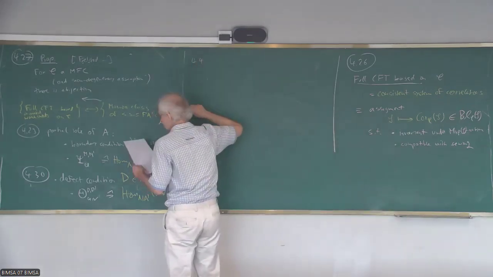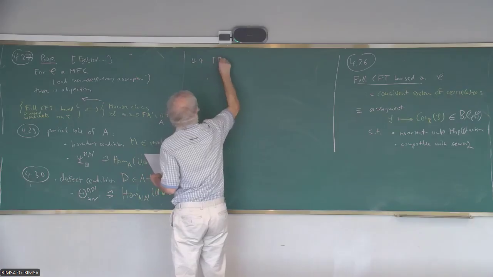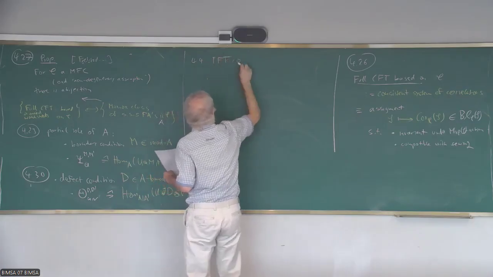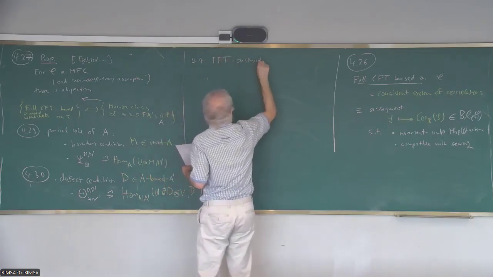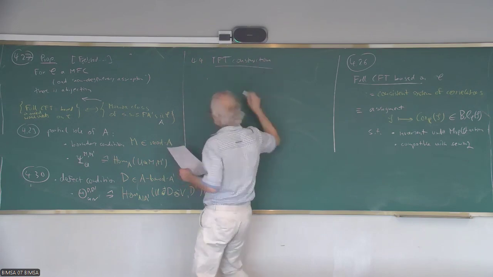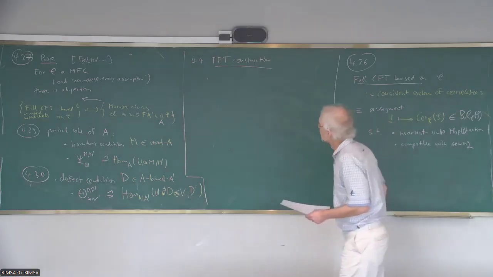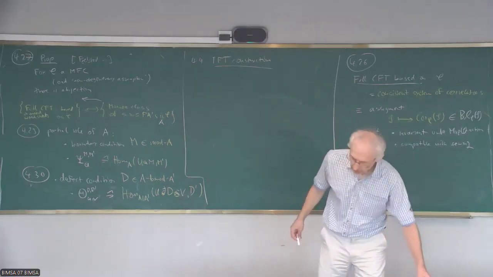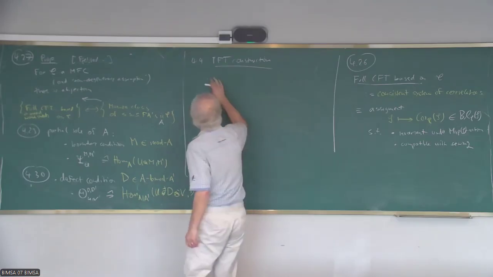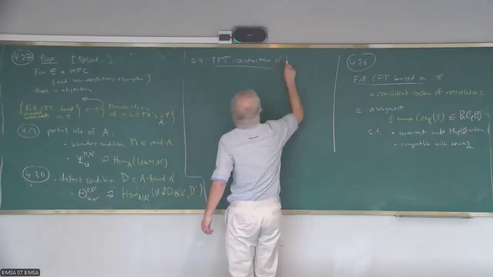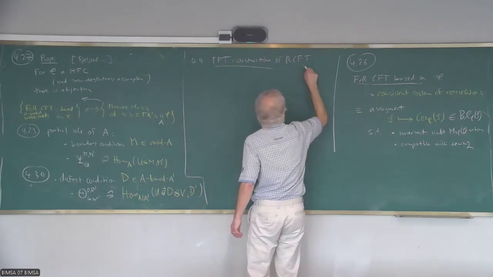This is for 4. This is called the TFT construction of correlators of a full rational conformal field theory.